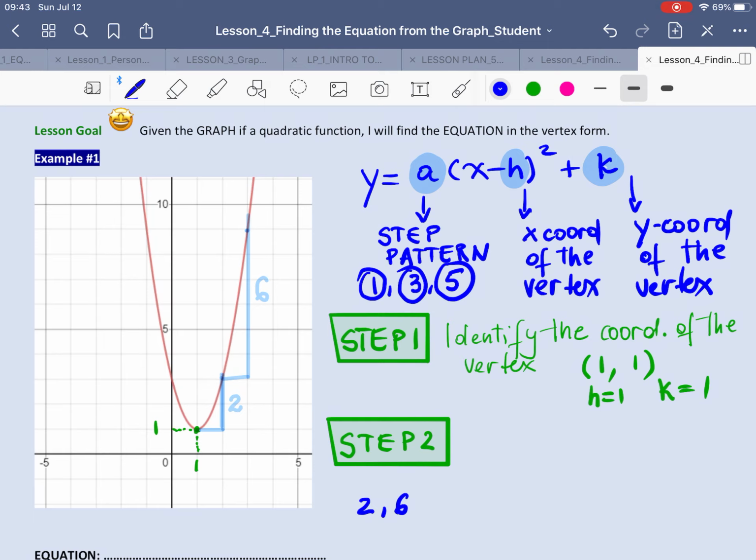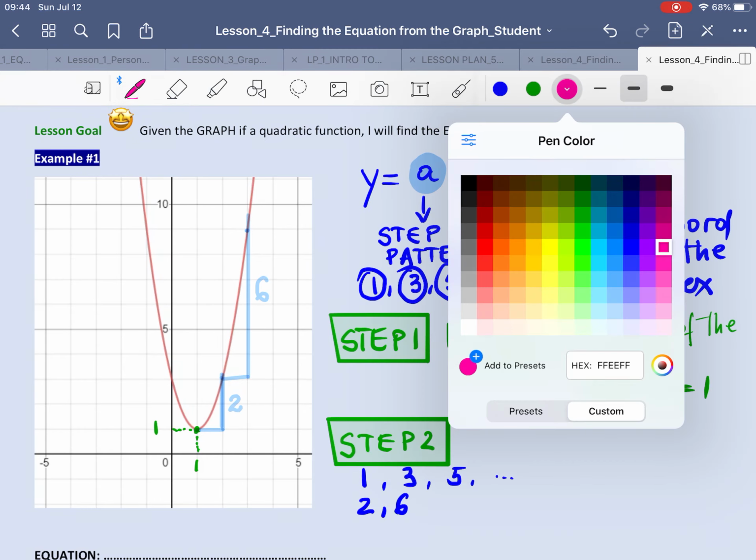2, 6. And then you compare the step pattern of this particular graph with the step pattern of the basic parabola, which is 1, 3, and you continue on 5, and so on. Remember that to go from the basic parabola to this one, we must have multiplied the step pattern 1, 3, 5, 7, and so on by a coefficient, and this coefficient is the coefficient a.